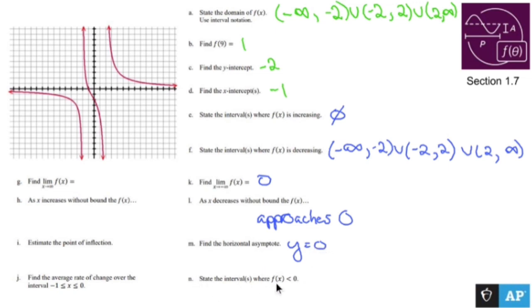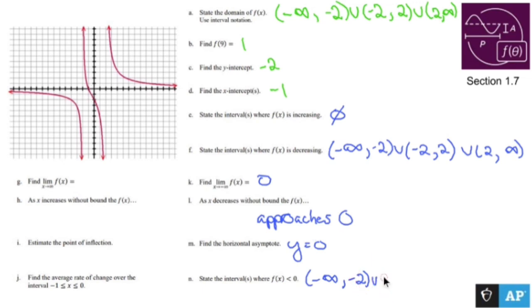State the intervals where f of x is less than 0. In other words, where my graph is underneath the x-axis. Well, it's underneath the x-axis all the time so far, and then it stops at -2. So right now, from -infinity to -2 is where it's underneath the x-axis. And then it reappears above the x-axis and hits the x-axis at -1.